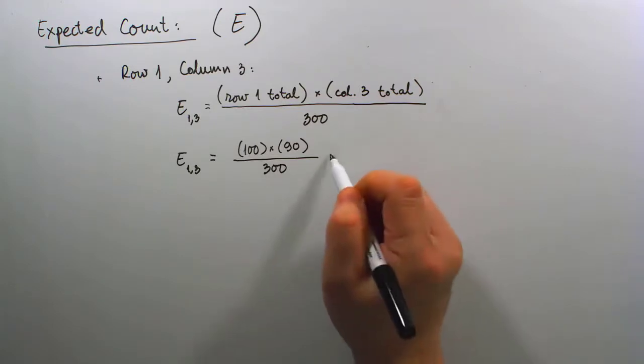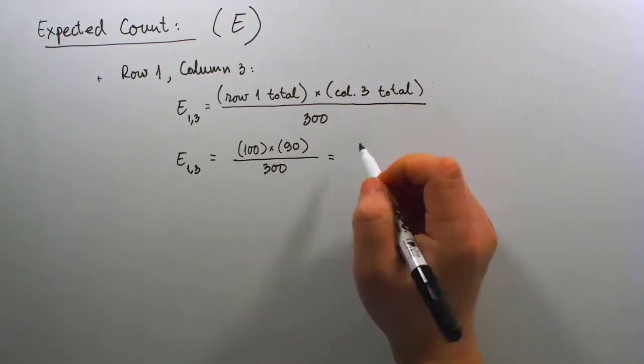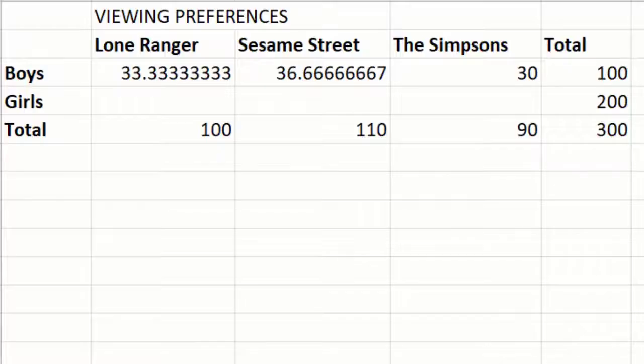So that will give me, according to my calculation, 30. So in my table, I expected that for being a boy and being a viewer among these children who prefers watching The Simpsons, we have an expected count of 30.